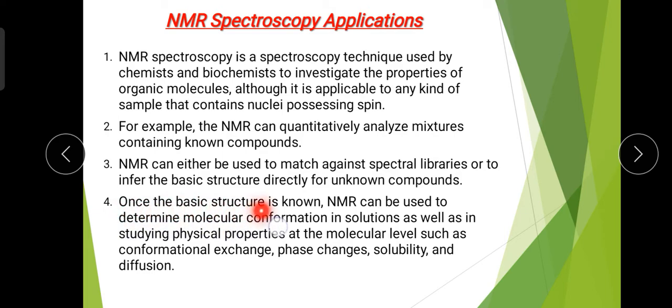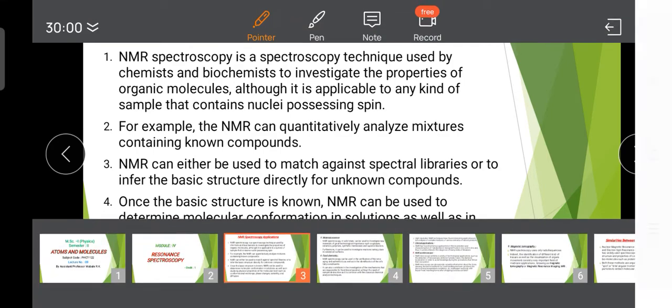Once the basic structure is known, NMR can be used to determine the molecular conformation in solutions as well as in studying physical properties at the molecular level, such as conformational exchange, phase changes, solubility and diffusion.